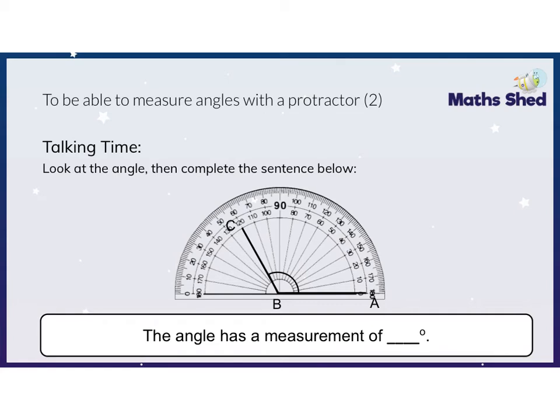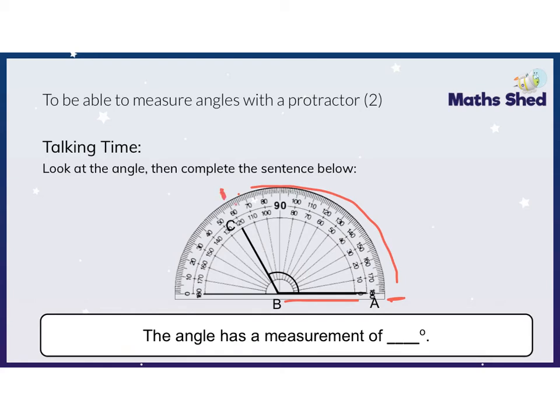Look at the angle, then complete the sentence below. The angle has a measurement of, now this time we can see our line is here. So now we need to use the inner scale. So we're going this way around using that inner scale. And we can see that it's pointing directly here.